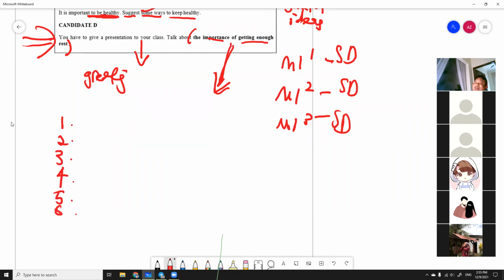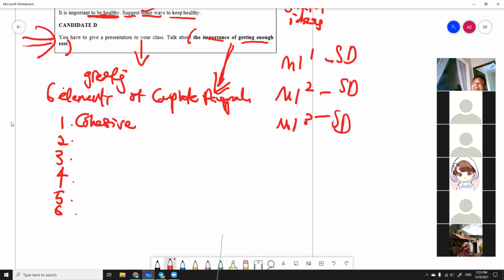Najat Auni. 6 elements of a complete paragraph. What is it? The first one. Oh, you don't remember it. Okay. Correct. Cohesive devices. Okay.